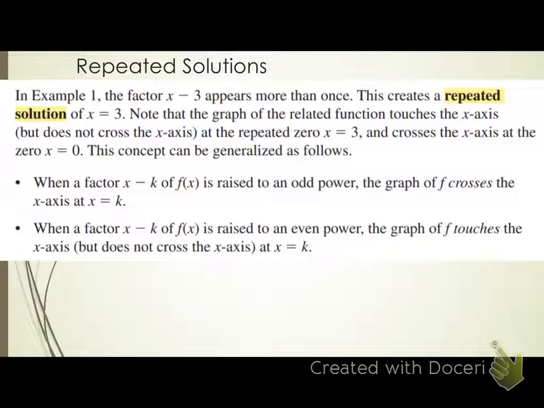This concept can be generalized as follows. When a factor x minus k of f of x is raised to an odd power, the graph of f crosses the x-axis at that value, x equals k. When a factor x minus k of f of x is raised to an even power, the graph of f touches the x-axis but does not cross the x-axis at that value.